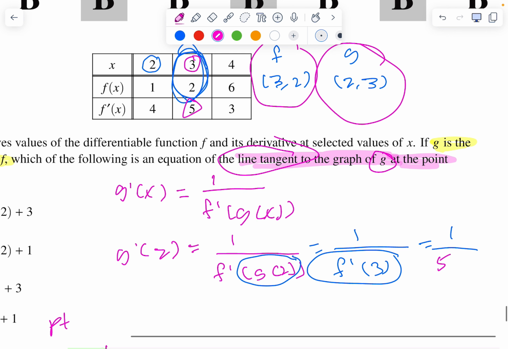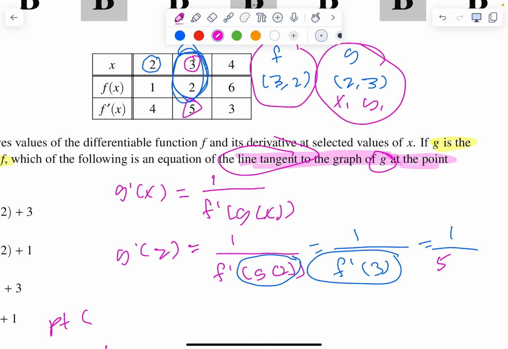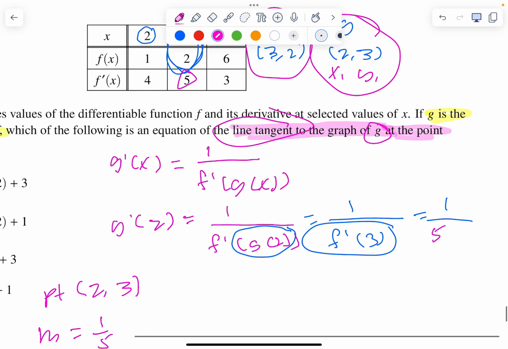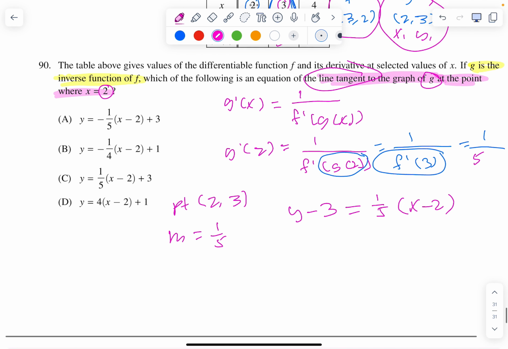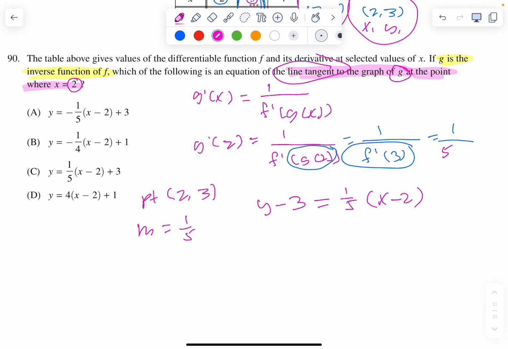Isn't that 2, 3? That's x1 and y1. So I'm going to put in here 2, 3. And let's apply our point-slope formula. y minus what? 3, very good, is equal to, what's my slope? 1/5. x minus what? 2. And that almost looks like which one? C, because visually you're moving the 3 over by adding, correct? Perfect.